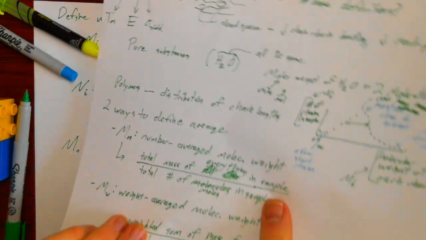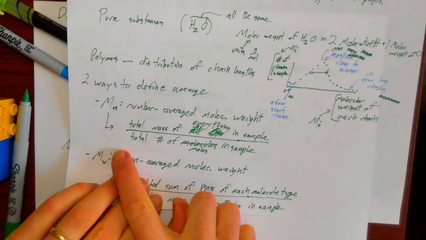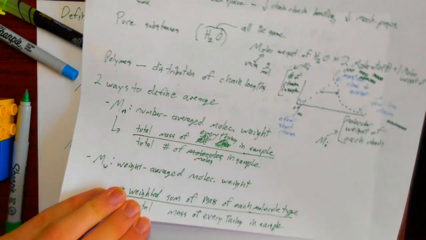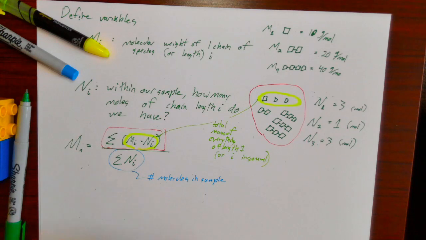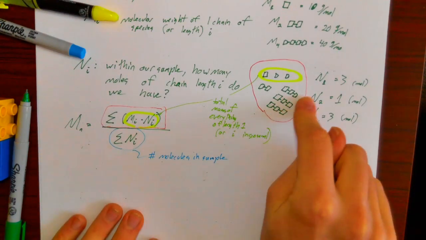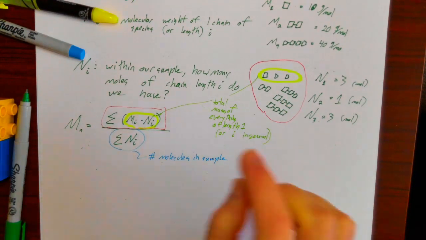If you remember, M sub w is this weight averaged quantity. What M sub w does is give extra weight to the longer molecules.